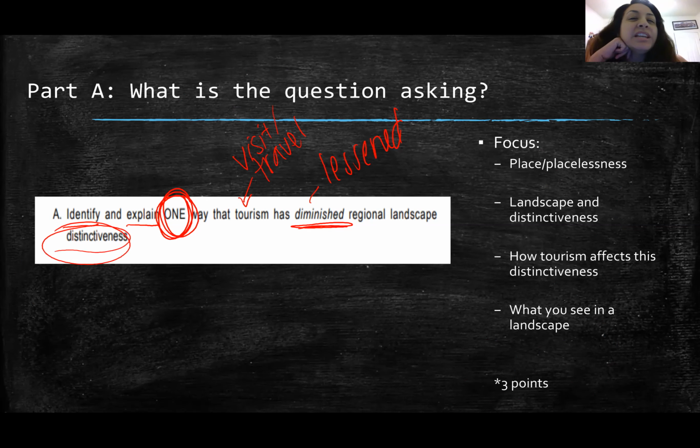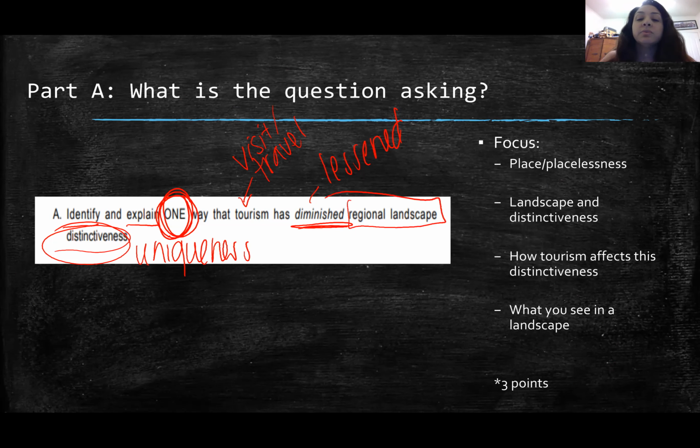Okay, what does it mean if something is distinct? It's unique, just like you. It's uniqueness. So regional landscape uniqueness or distinctiveness, regional landscape is going to be the specific area that you're looking at. And I know it's like, well, I kind of get it, but I don't really get it. Here's a perfect example. The valley. The Rio Grande Valley is super distinctive, super unique.